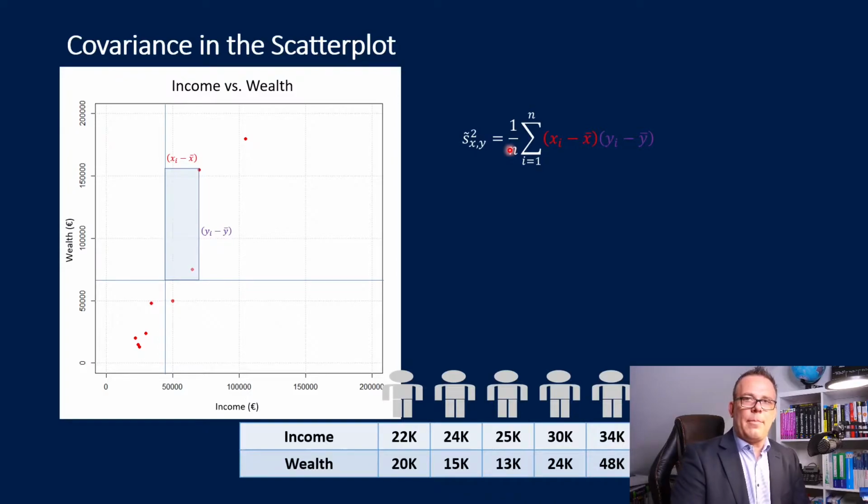But what are those two brackets for? Let's take a look into those brackets. In this bracket, we see each individual data point, or let's say the x value of each individual data point, minus the arithmetic mean of all data points.